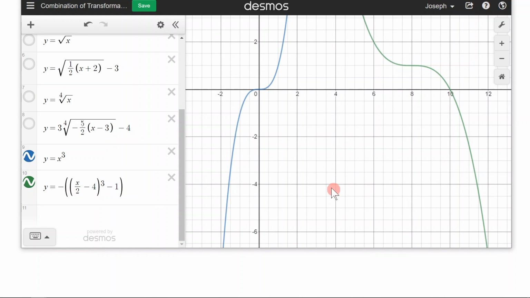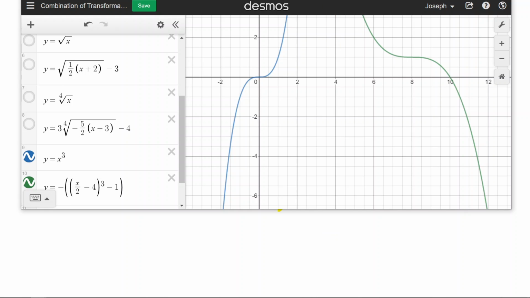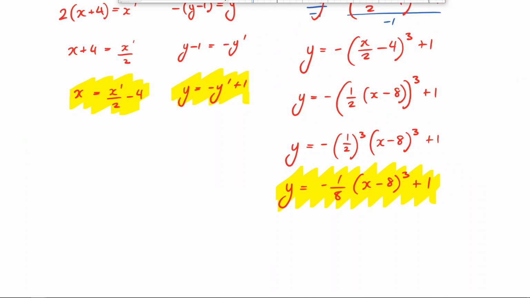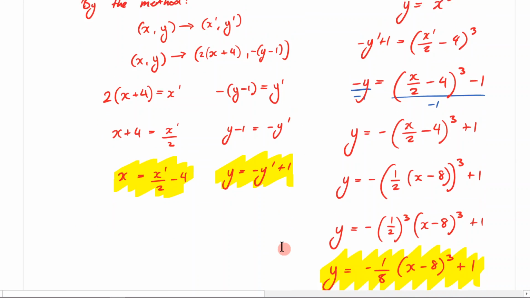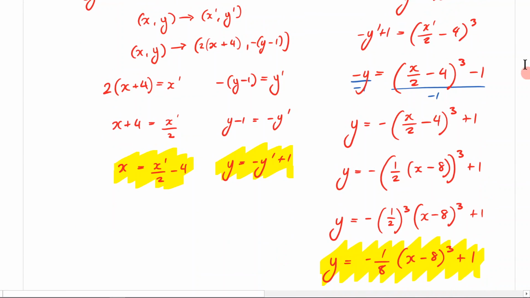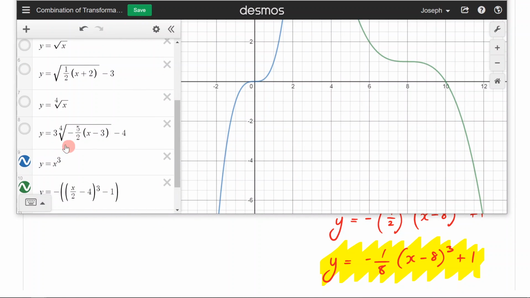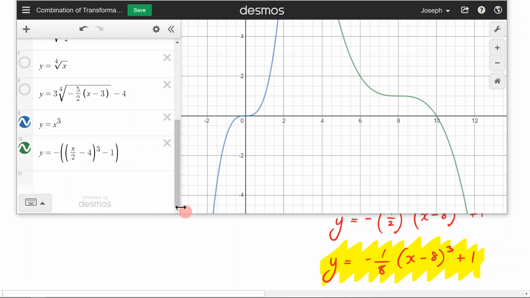Now, the answer that we got, let me just bring this here. Sorry, I'm just going to do some rearranging. Let me bring this down like that, then bring this here, that way I can look at it. Let me just prove to you now that what we have written here is the same as what we find here.